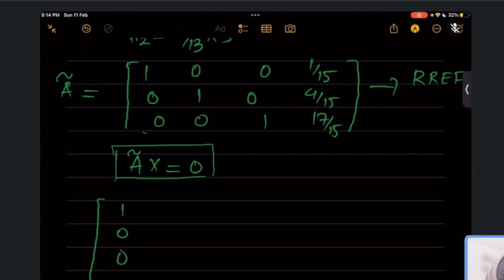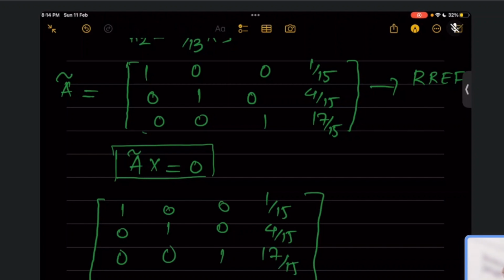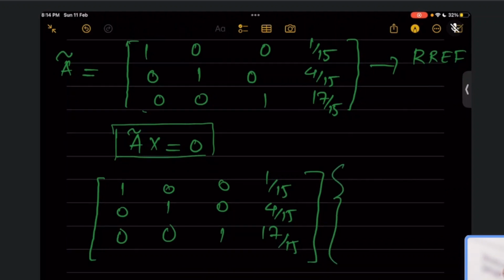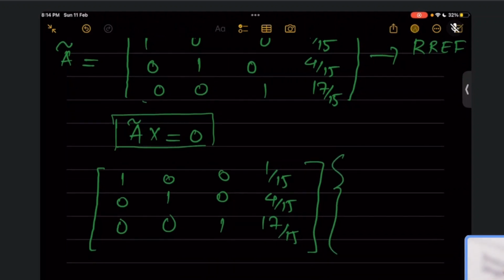Now here, the matrix is 1 0 0, 0 1 0, 0 0 1, with 1 by 15, 4 by 15, 17 by 15, and what is the x going to be? It is going to be the null space. So it will have components x1, x2, x3 and x4, right, and equated to 0.